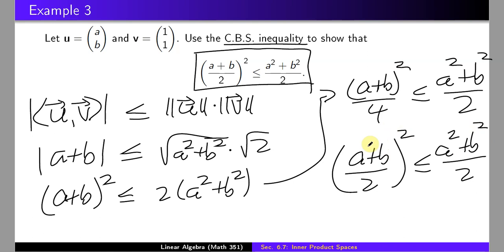They don't want to FOIL it out because it could potentially make things difficult, maybe integrating a times b is difficult. So they don't want to do this. Well, if you're doing things correctly, you can say it's not equal, but it's less than or equal to a squared plus b squared over 2. This could be potentially easier to integrate, or whatever the application is that you're working on. But we've shown that this is true.